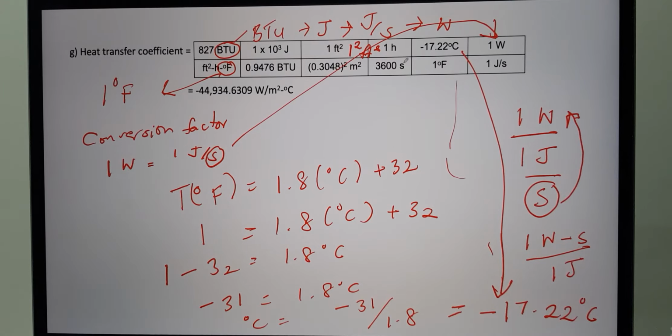So we can cancel out the unit of second and joule, and it becomes only watt. So the answer is negative 44,934.6309 watt per meter square degree Celsius.